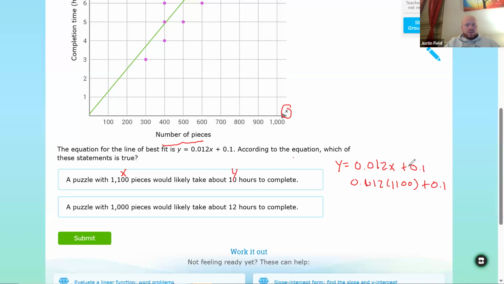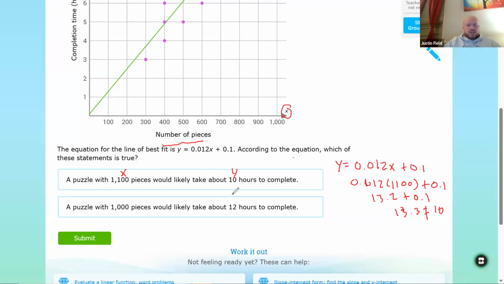So 1100 times 0.012, and I get 13.2, plus 0.1, which is 13.3, if my calculations are correct. So I'm going to say that's not 10. So I'm not very confident in that one unless I made an arithmetic error.